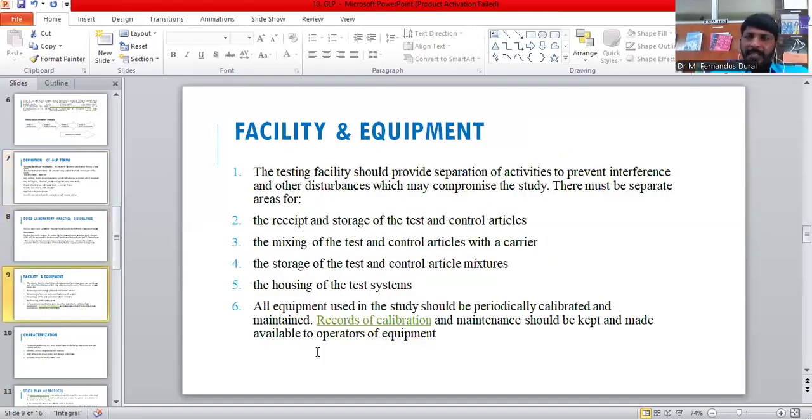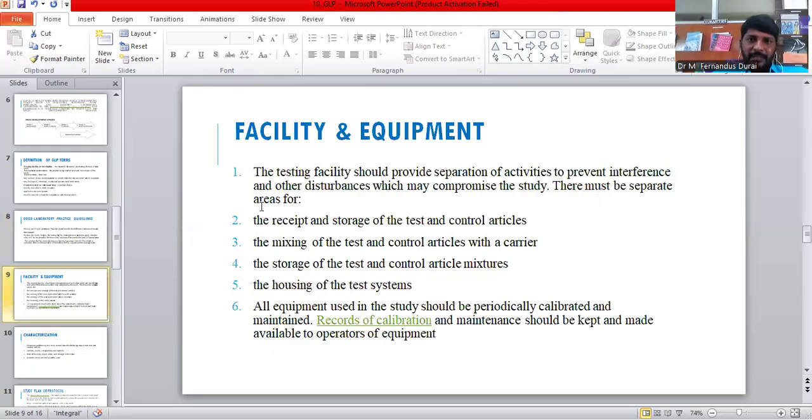So what are the facilities needed for GLP? The testing facility should provide separation of activities to prevent interference and other disturbance which may compromise the study.